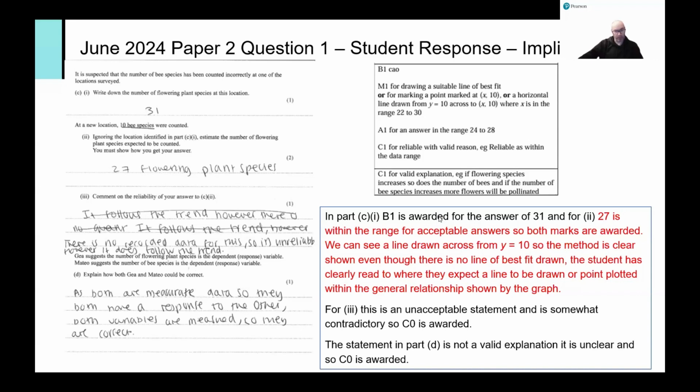So there wasn't a line of best fit drawn on the graph, but there was a line. So that was a clear method to help them find this estimate, so they got that mark. Part 3 is not a correct statement and a bit contradictory, so they don't get that communication mark. And also they do not get the mark for part D.